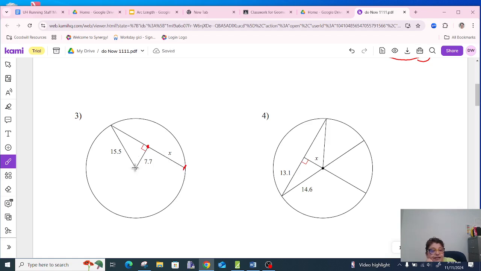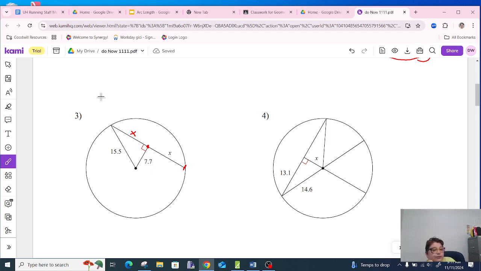But because it's perpendicular to this little segment that's going from the center, we know that this segment cuts this length directly in half. So this is also x over here, right? Okay, we have a right triangle that is missing one leg.